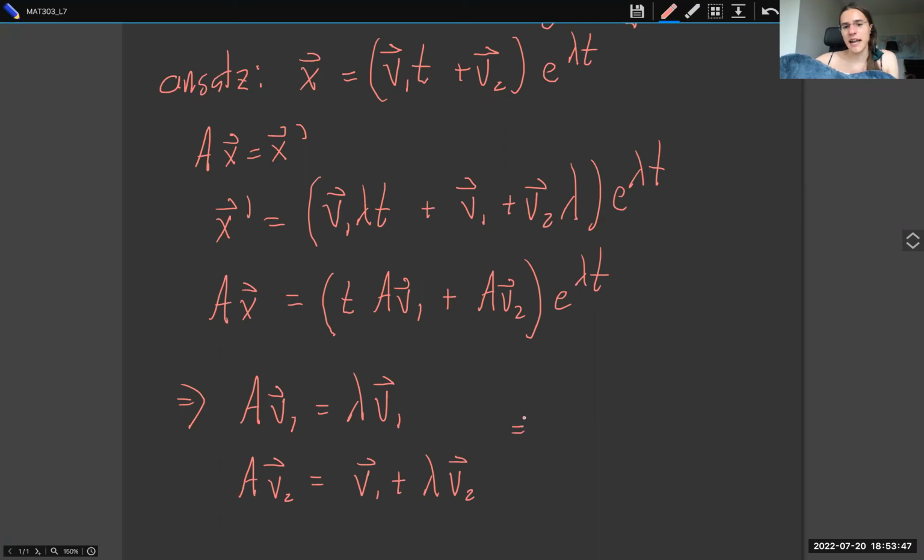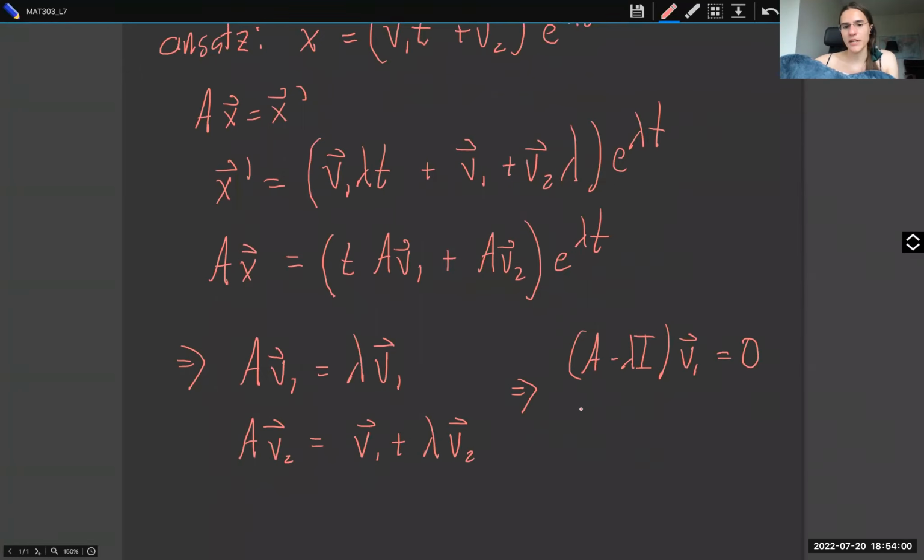And these equations can actually be rearranged into (A minus lambda I) v1 is equal to 0. And this equation can be rearranged into (A minus lambda I) v2 is equal to v1.